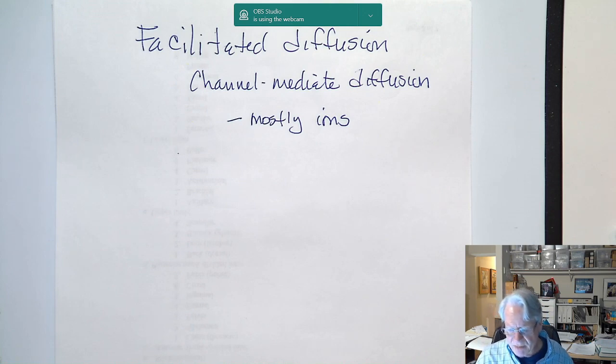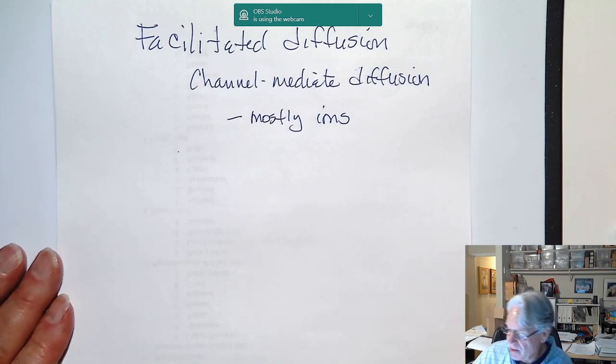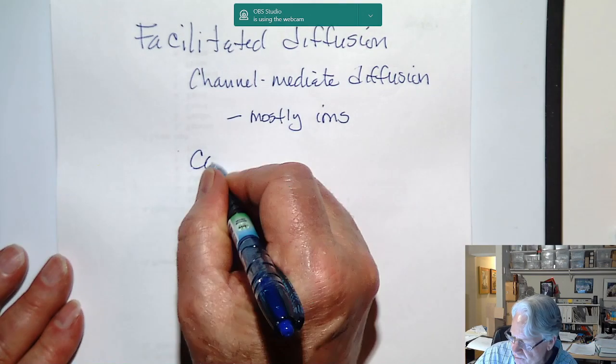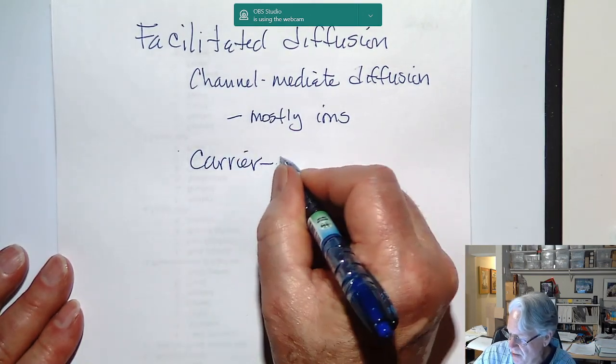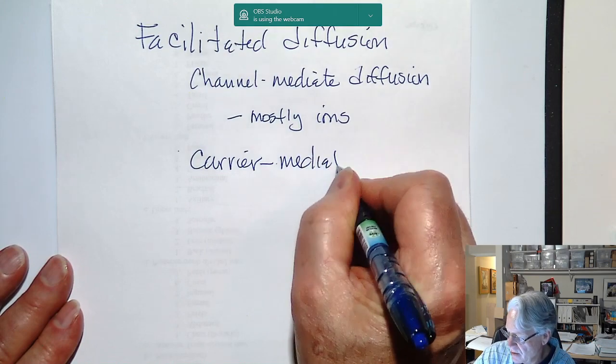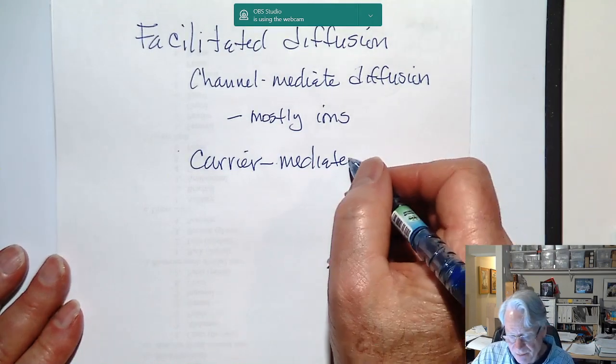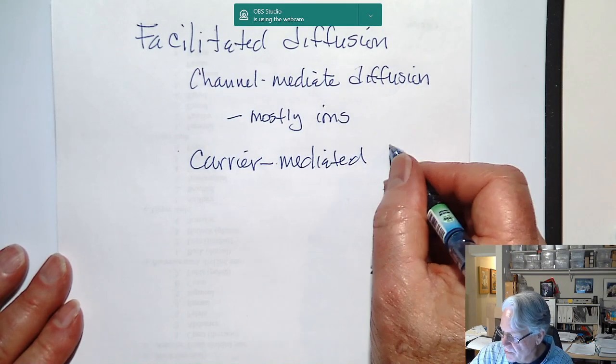And remember, one of the things that we said about channel-mediated diffusion, or in fact carrier-mediated diffusion, is that each of these channels, each of these proteins are very specific as to what they carry. And they only carry a single type of molecule. All right, so channel-mediated diffusion. What about carrier-mediated diffusion?